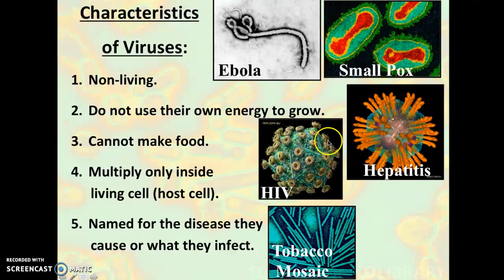HIV can also strengthen into AIDS, although not as common these days with as much antiviral medicine that we have to treat HIV. And then tobacco mosaic virus attacks the tobacco plant.